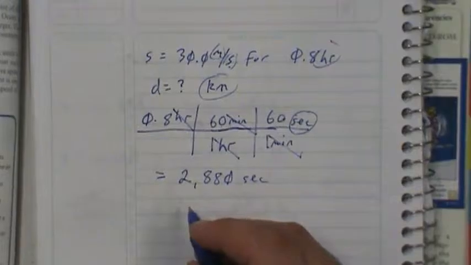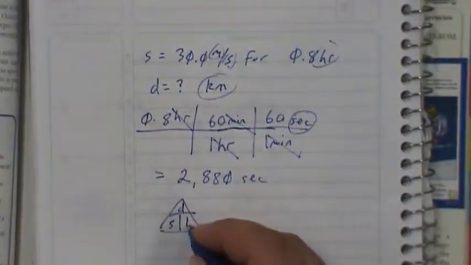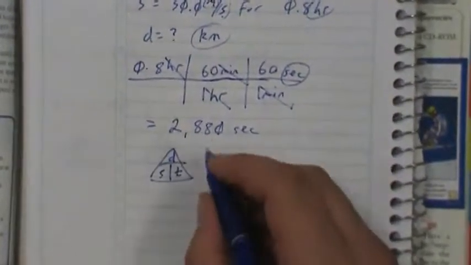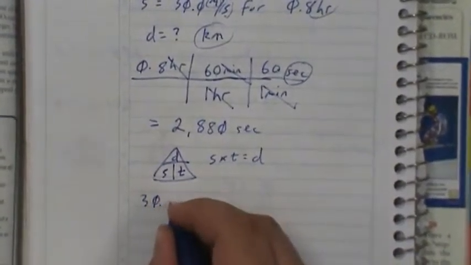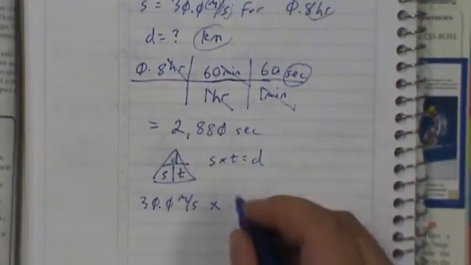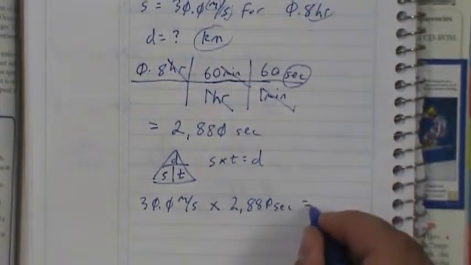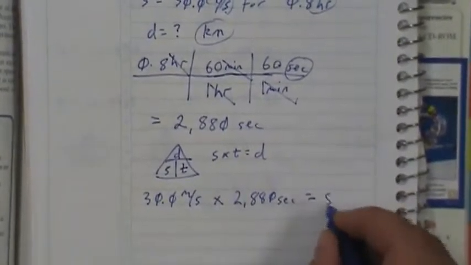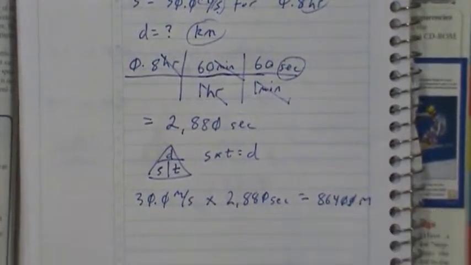Now we're solving for distance in this case, so again, come back to our triangle: speed, distance over time. I'm solving for distance. Speed multiplied by time is our formula. And so I take my speed at 30.0 meters per second times the time, which is 2,880 seconds that we just calculated. Multiply this out, and you'll find that there are 86,400 meters traveled.